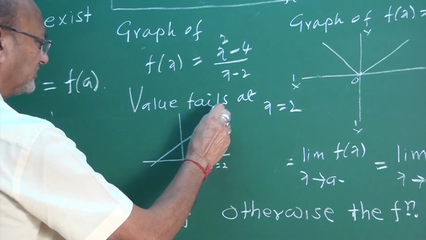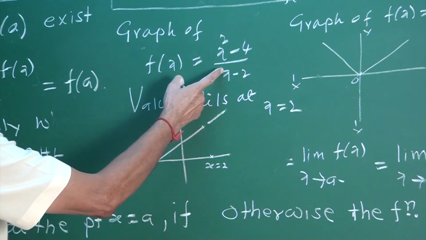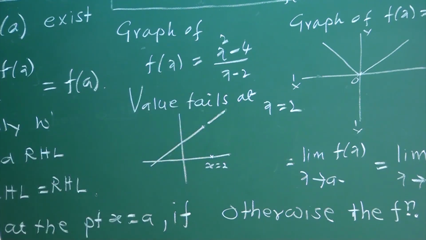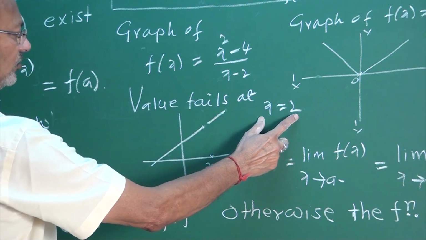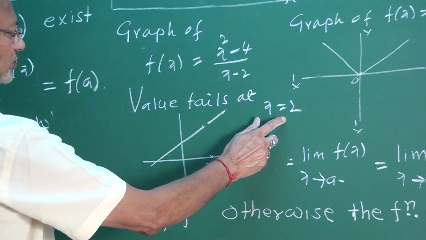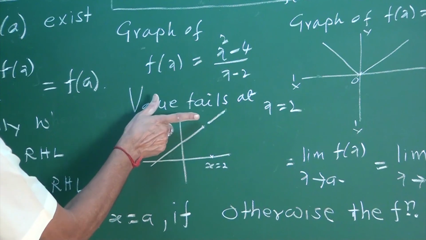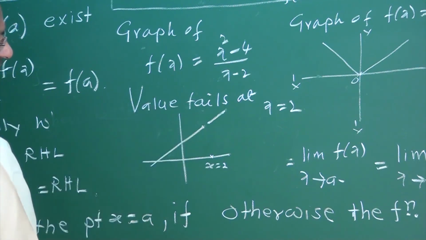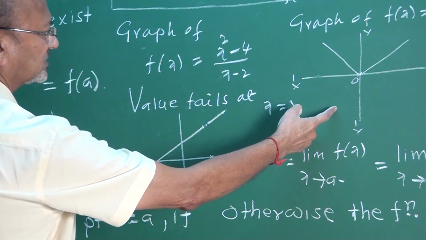It is not a continuous line. In that case, we say this function is discontinuous, because its value does not exist at x equal to 2. Some gap is there, so this is the graph of a discontinuous function.